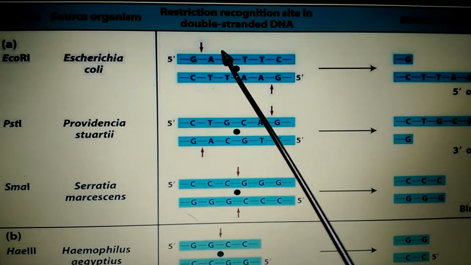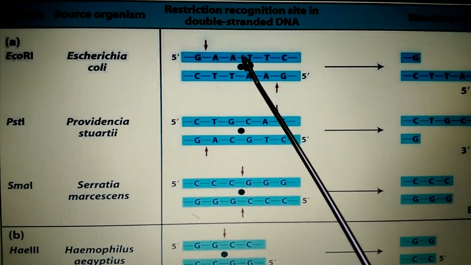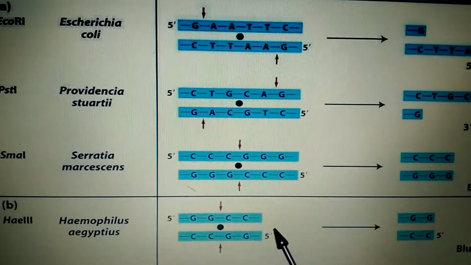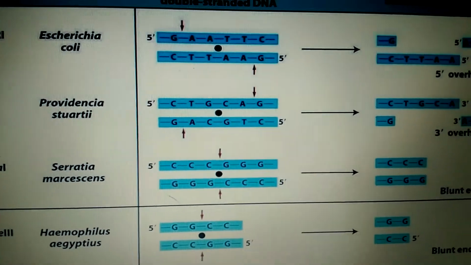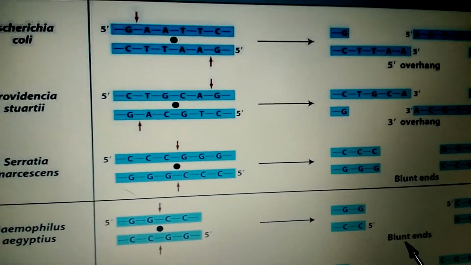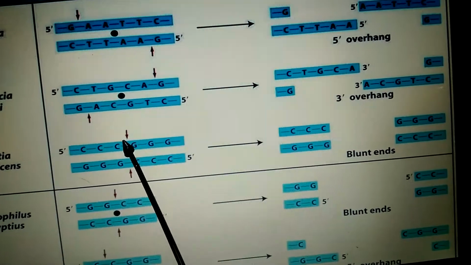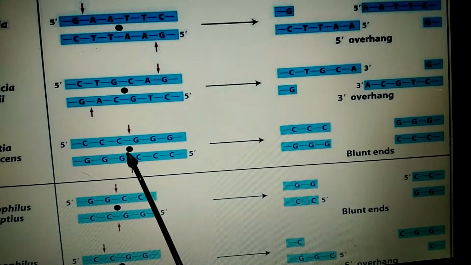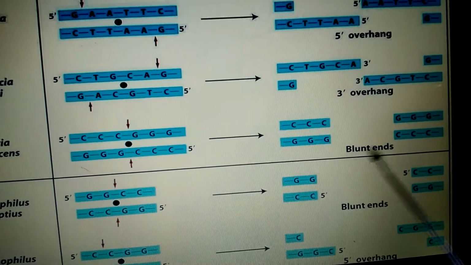When the restriction enzymes are cutting the DNA sequences, they make two types of structures. One is blunt ends and the other is sticky ends. If the restriction enzyme cuts in the middle of the DNA sequence, then it forms blunt ends.